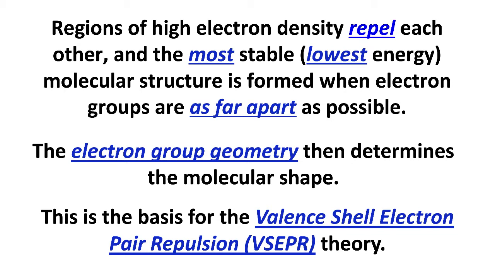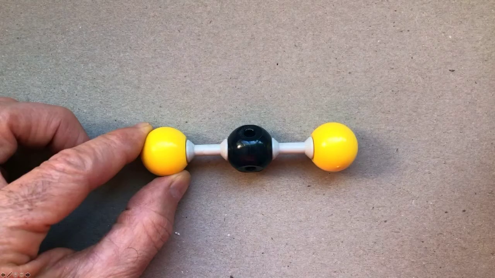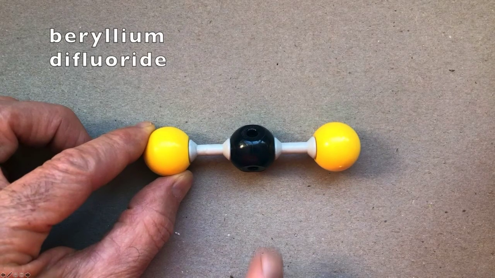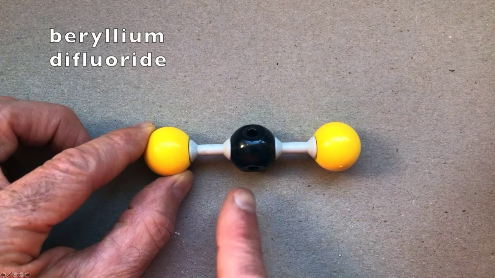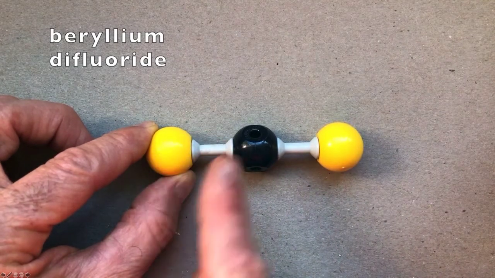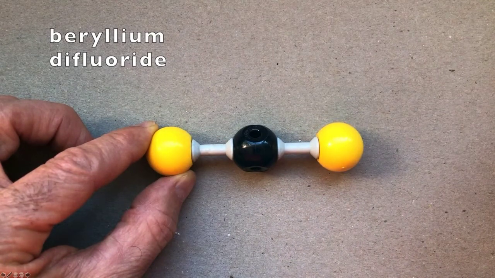Now, there are several basic shapes, and we're going to take a look at them one by one. The first basic shape is illustrated by a molecule of beryllium difluoride. In this molecule, there's a beryllium atom in the center. It's bonded to a fluorine and a second fluorine. So there are two beryllium-fluorine bonds, which means two high electron density regions.